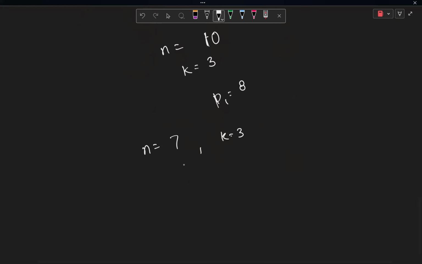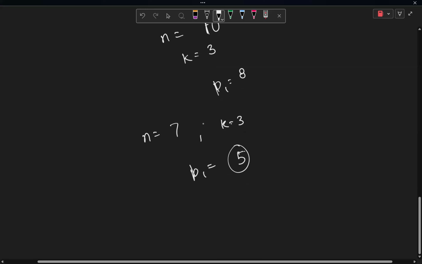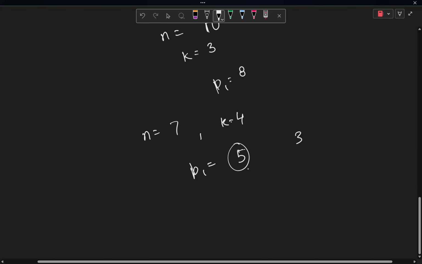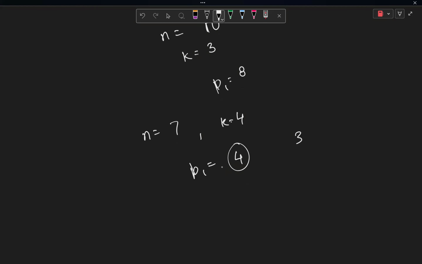In that case, I want 2 to be the remainder, so picking 5 as the first guy is good. Like P1 equal to 5 makes sense here. If I wanted k equal to 4, in that case, I would have wanted 3 to be the remainder. So P1 equal to 4 would have made sense. So basically, P1 was coming up to be n minus k minus 1. Now there is one thing.